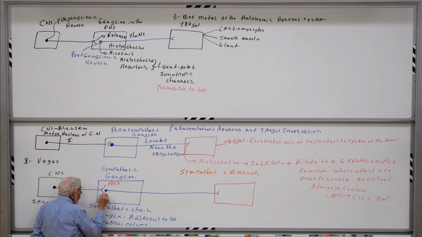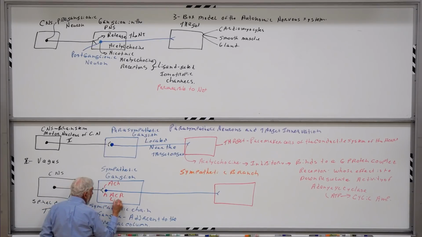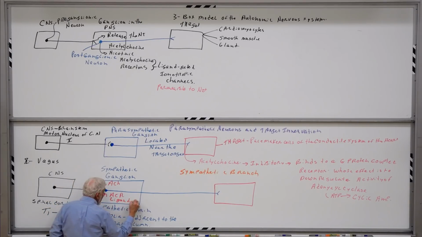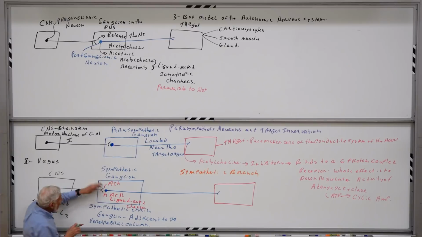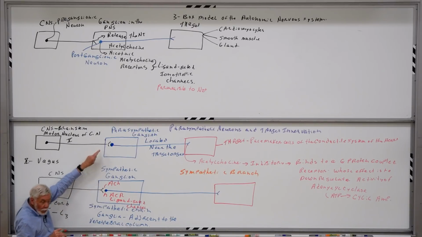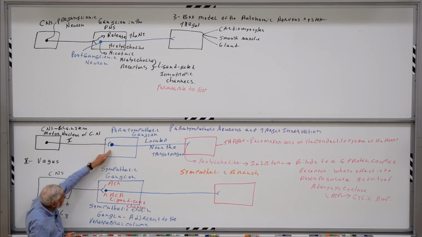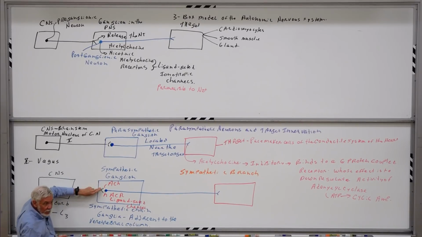The receptor is a nicotinic acetylcholine receptor. This nicotinic acetylcholine receptor is a ligand-gated channel. In fact, these channels are, as far as I know, interchangeable between the parasympathetic and sympathetic ganglia.